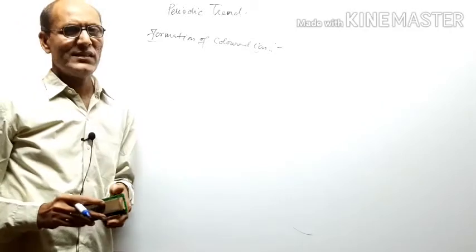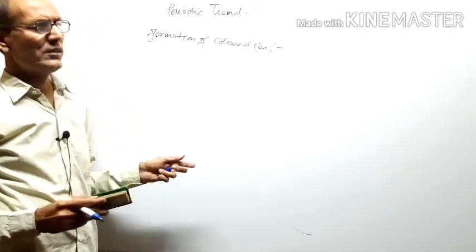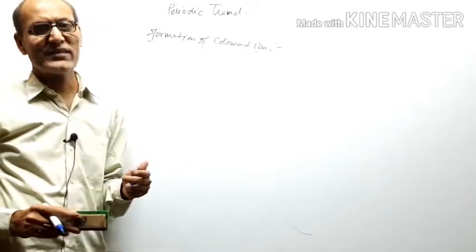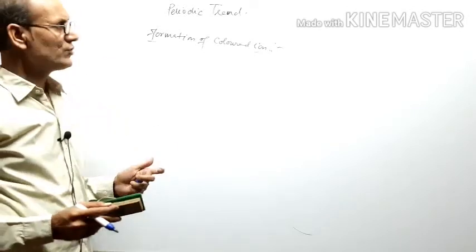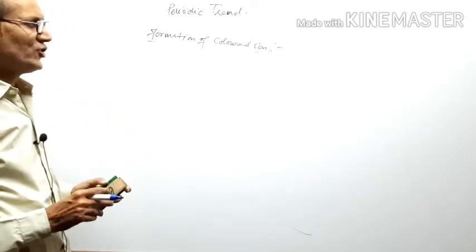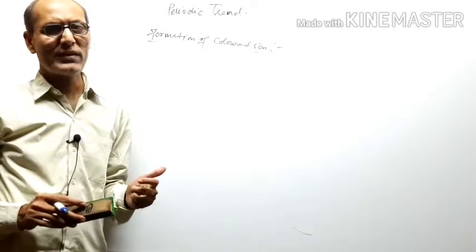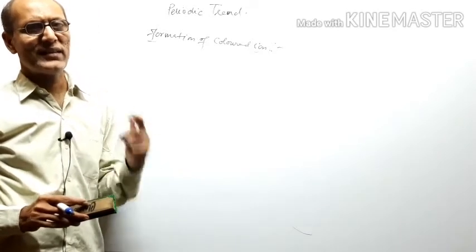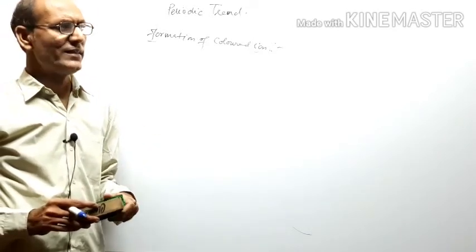If any element of the d-block contains unpaired electrons in the d subshell, it will be colored in nature. That means one or more unpaired electrons are present in the d subshell or d orbital.